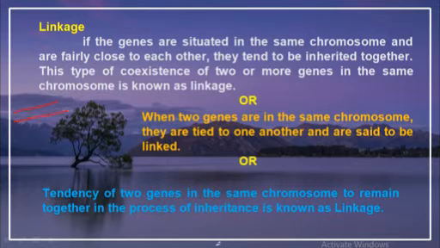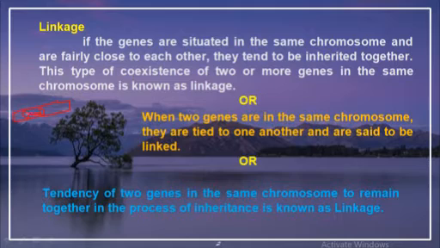So it is a very simple concept. If there is a chromosome and two or more genes are present on it, suppose there are two types of genes, present fairly close to each other, and they coexist. These two genes are so near to each other that they will be inherited together for a particular character or phenotypic expression. According to our second definition, these two genes are present on the same chromosome and are tied with each other.